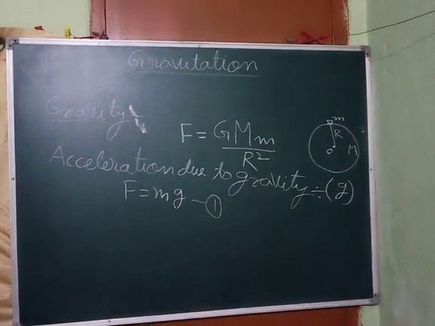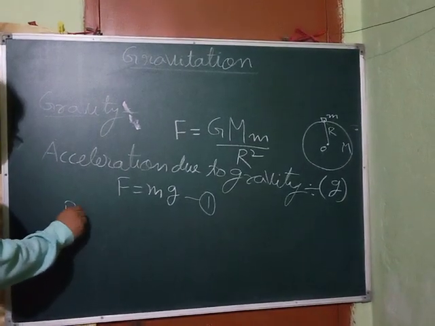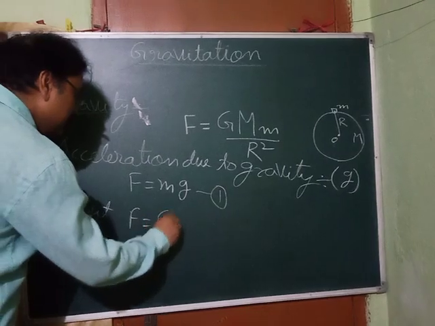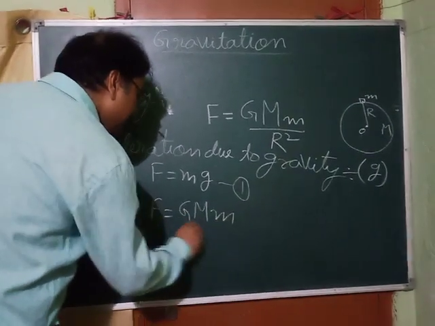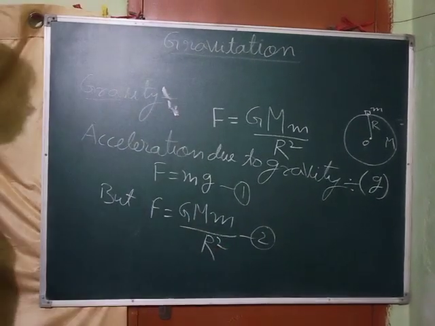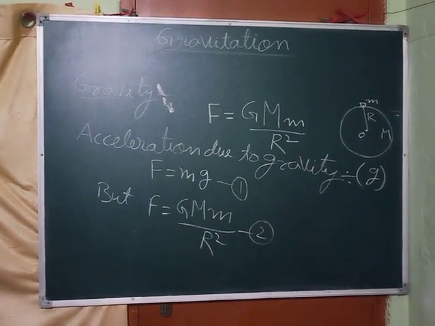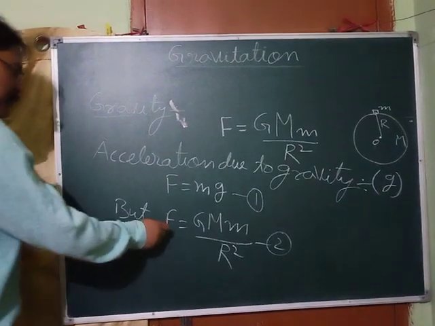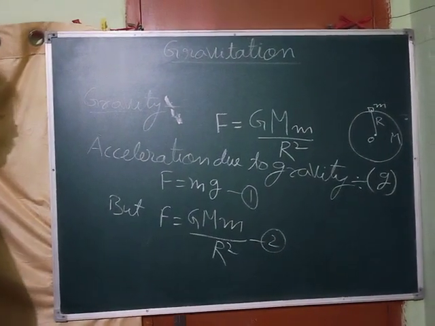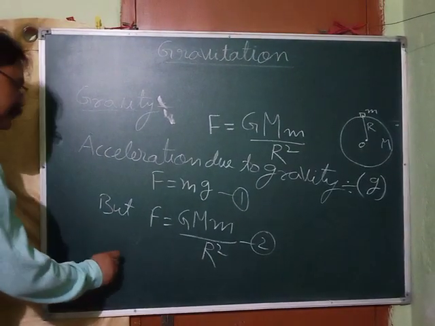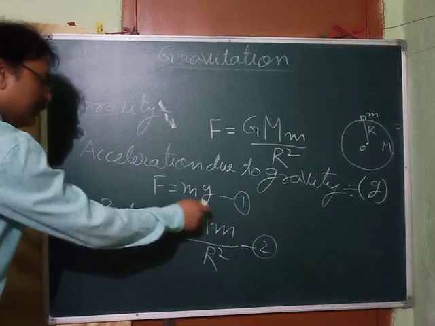But what do we know? F is equal to G M m by r square. That we know. This is the force of gravity. Written? Okay. Now from equations 1 and 2, both are values of F, so we can equate them.